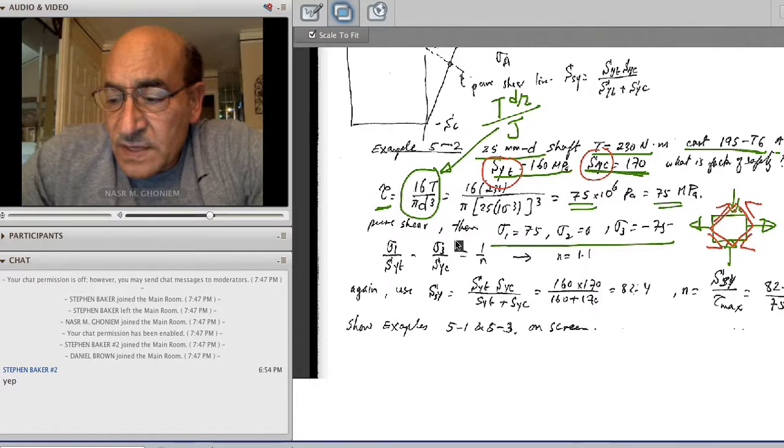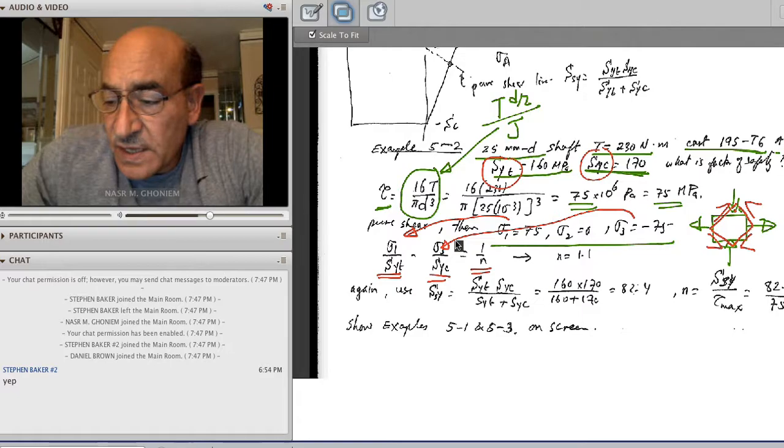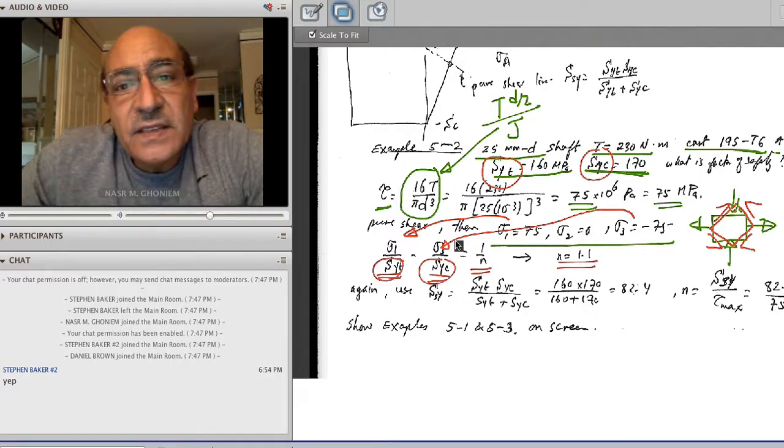So instead of sigma 1 over S yield minus sigma 3 over S yield, we use S yield in tension and S yield in compression, equal to 1 over N. Then I put sigma 1 here and sigma 3 there, use the two numbers they gave me, and solve for N. So the safety factor comes to be 1.1.